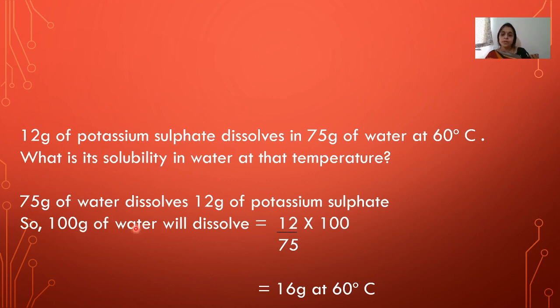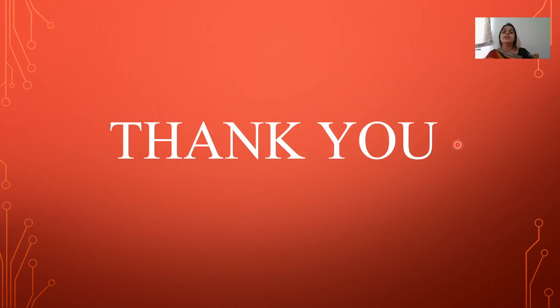You have to cross multiply: 100 into 12 divided by 75. How much will you get? 16 grams. So 16 grams of potassium sulfate can dissolve in 100 grams of water at the temperature of 60 degrees. If I change the temperature, what happens? The solubility will automatically increase. You have to note this down: temperature has an effect.